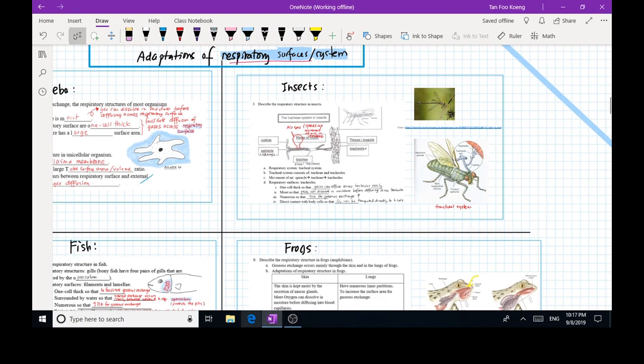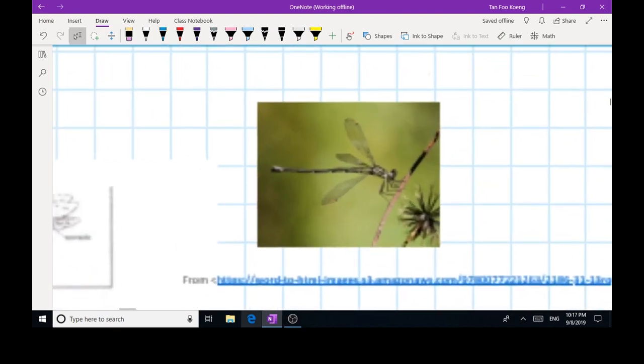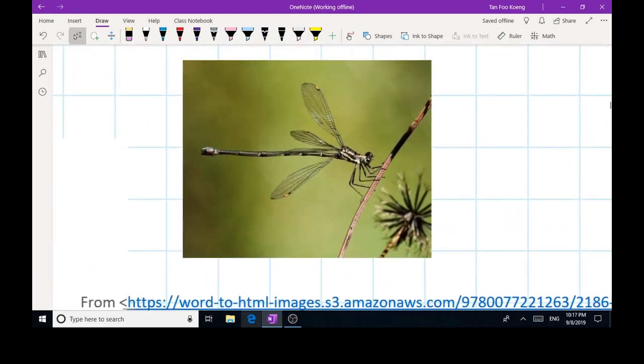Next part. Oh yeah, before I forget, this is a very cute tiny creature, a dragonfly, or we say damselfly. If you look at it, this is the head, this part would be the thorax, and the abdomen is actually quite long. And if you look at it carefully, you will be able to find a lot of spiracles here, and these are the breathing pores for this insect.